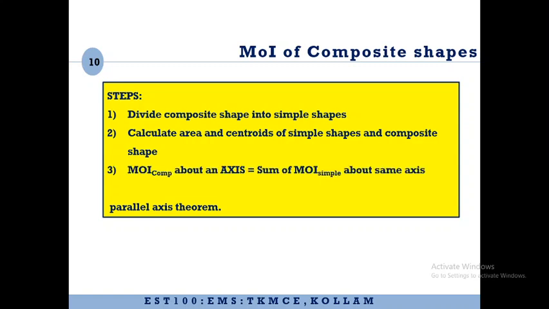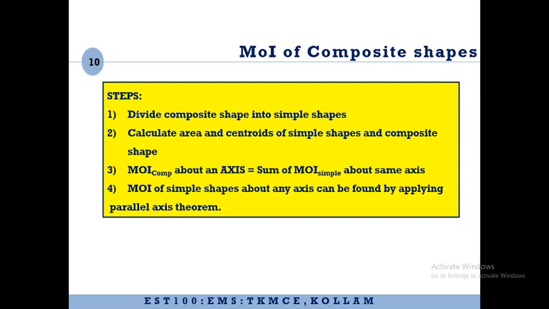Third step is that the moment of inertia of the composite shape about an axis is equal to the sum of the moment of inertia of the simple shapes about the same axis. This is the basic idea about solving moment of inertia of a composite shape.